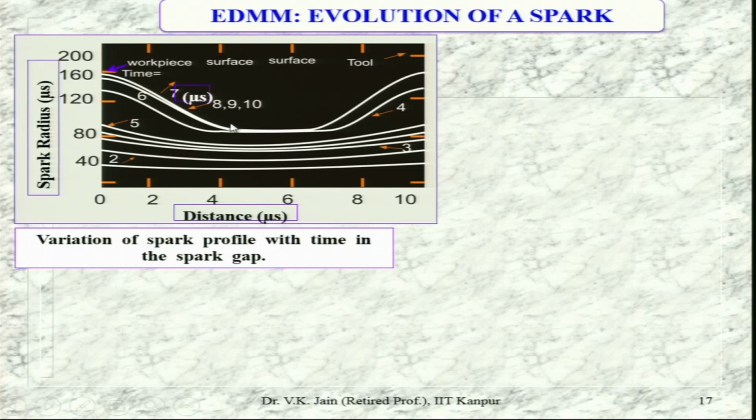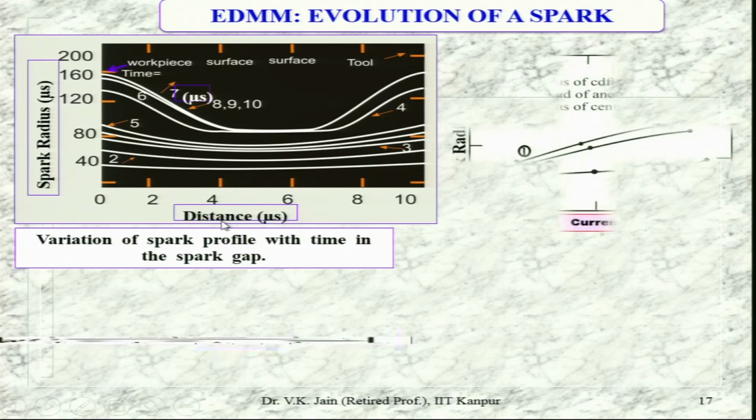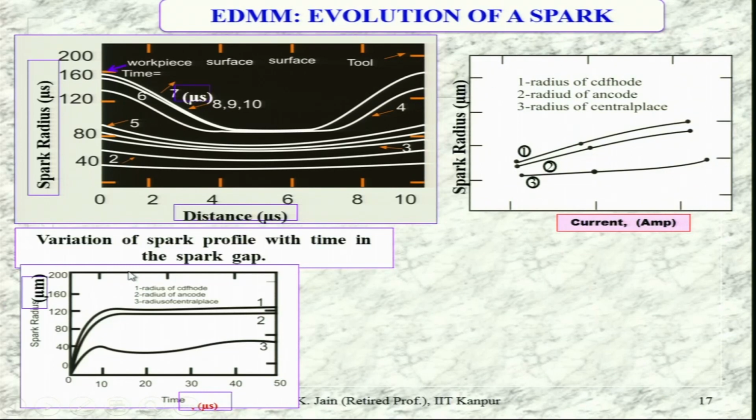Say in this particular case, it is stabilizing after about 10 microseconds, that is the last one here, and this is at the beginning. So, this shows that it is not a fixed shape and size of a spark, rather it is changing with time.